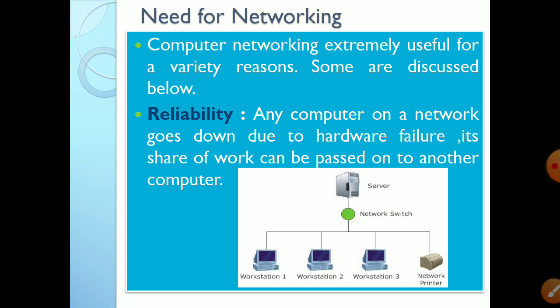So different computers are connected in the network. If a workstation goes off due to some hardware failure, we can share the work of workstation 1 with workstation 2 or 3. That is one of the best needs when you are using networking.